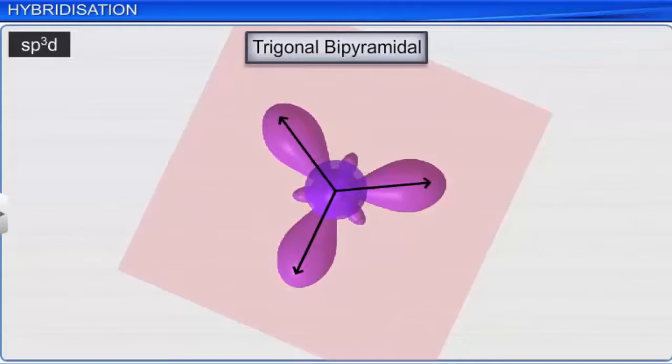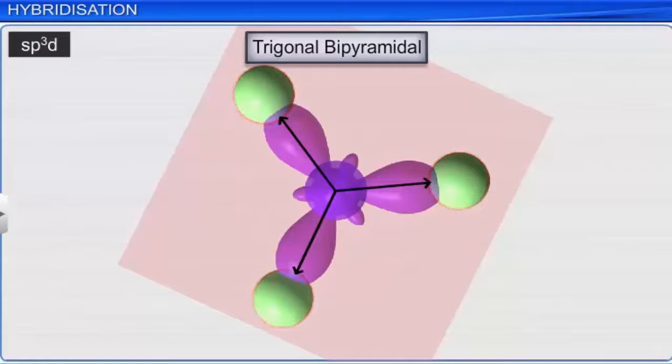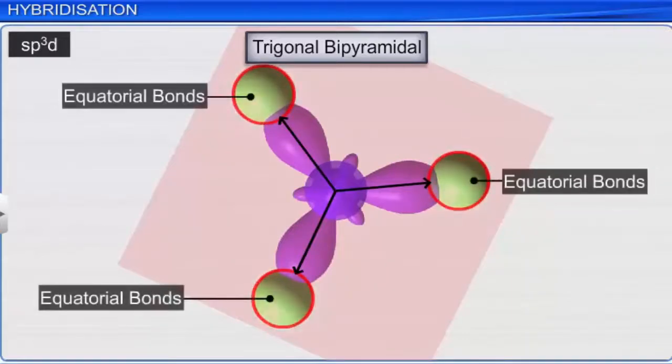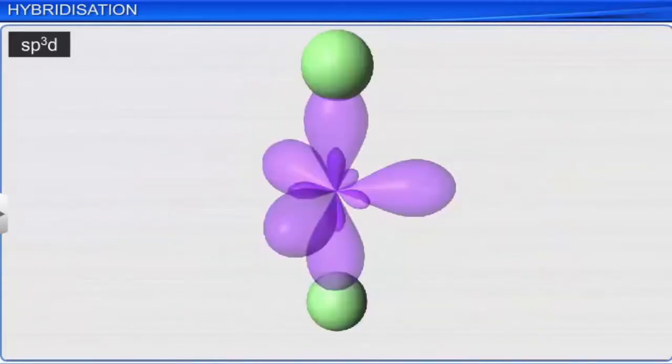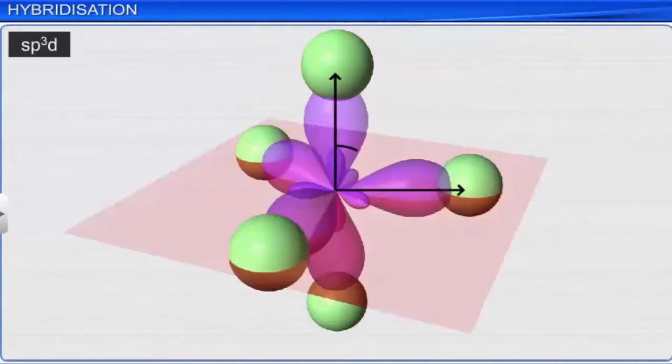This plane is called the equatorial plane, and the bonds formed by them are called equatorial bonds. The remaining two orbitals arrange themselves above and below the equatorial plane, forming an angle of 90 degrees with the orbitals on the equatorial plane. The bonds formed by these two orbitals are called axial bonds.